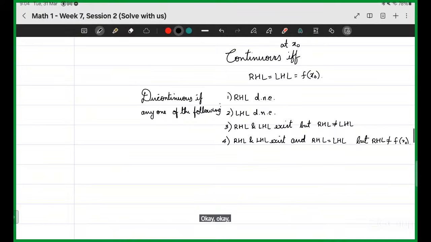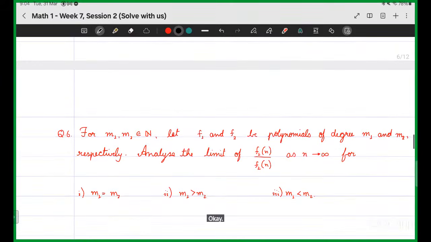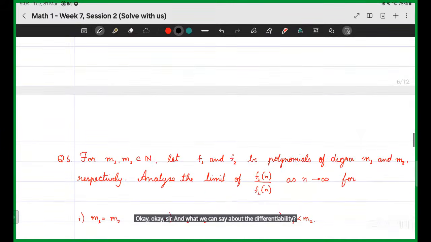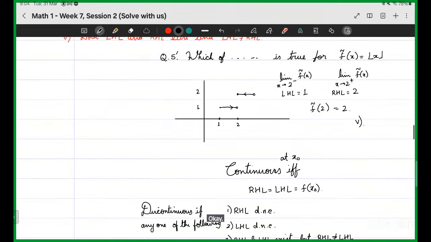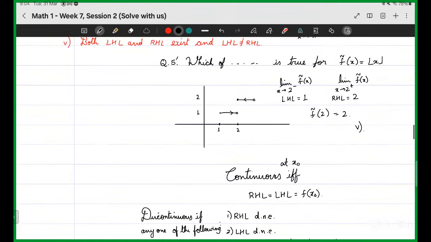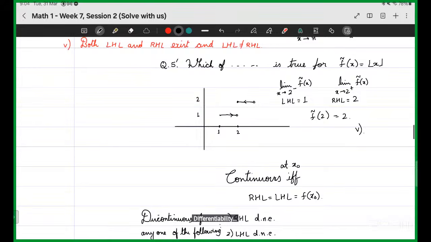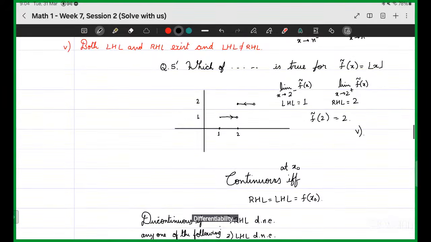Okay, sir. And what can we say about the differentiability there? Differentiability actually requires that your point be defined in a neighborhood.